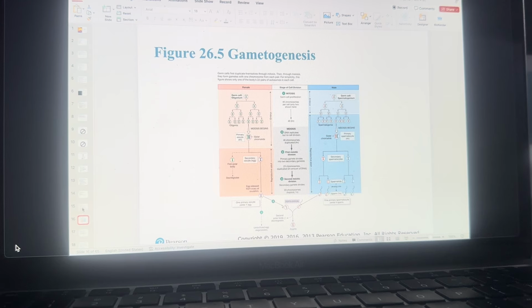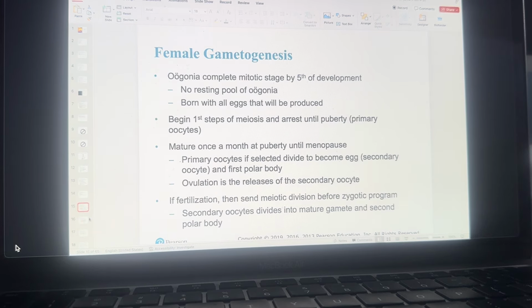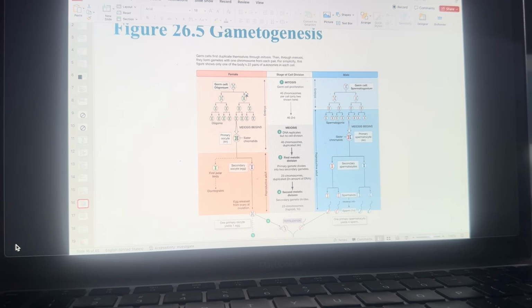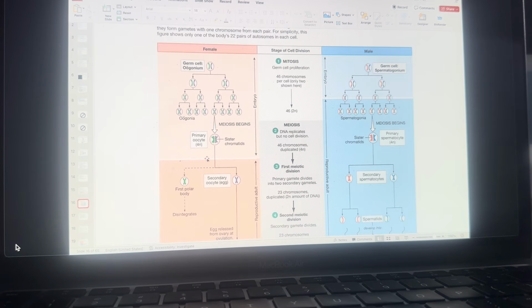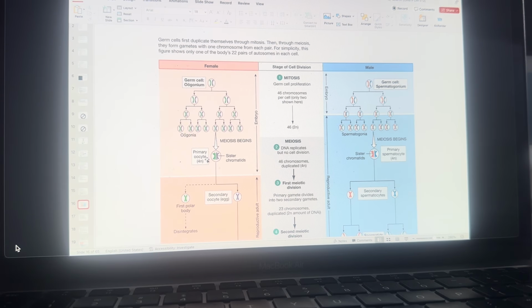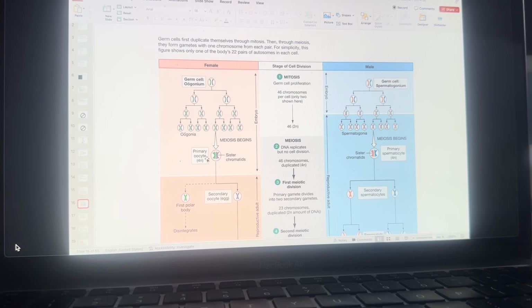And we know that the gametes that these ovaries and testes are producing have different developmental stages. For females, you are born with all the eggs you will have for the rest of your life. They're kind of frozen in time until they're released and developed.